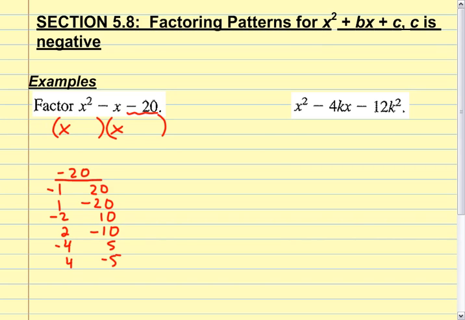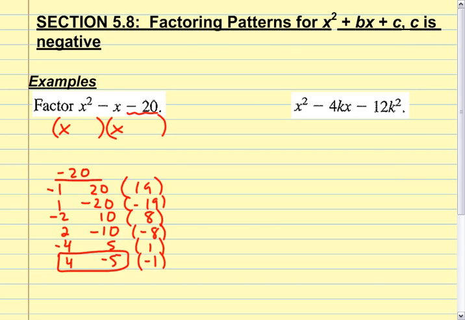Now, when I add them, that's going to give me 19, negative 19, 8, negative 8, 1, negative 1. Now I'm looking for negative 1, right? Okay? So I want this pair back here. So it's going to be x positive 4, or x plus 4, x negative 5, or x minus 5.